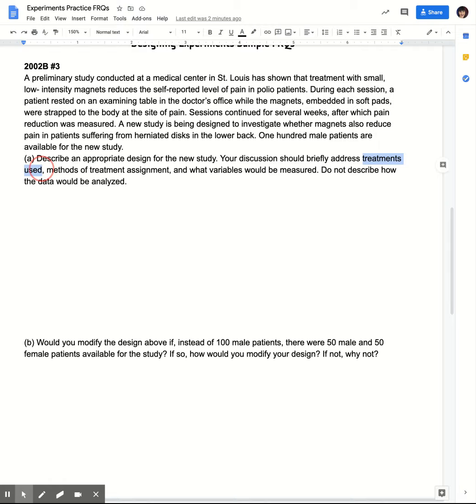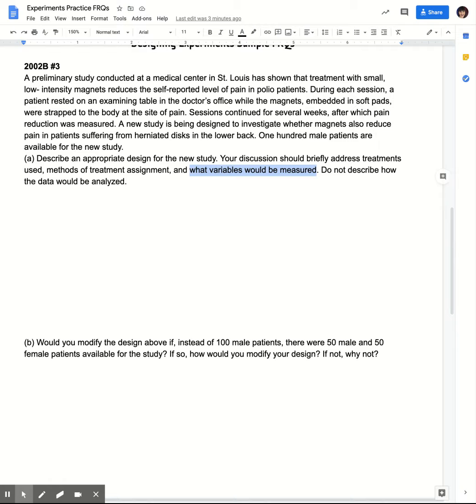Okay, so how, like, what are the treatments that you are assigning to people at random? Methods of treatment assignment, so that means random assignment, so describing your random assignment, and what variables would be measured. Okay, meaning when you compare the results at the end, what are you actually going to measure?